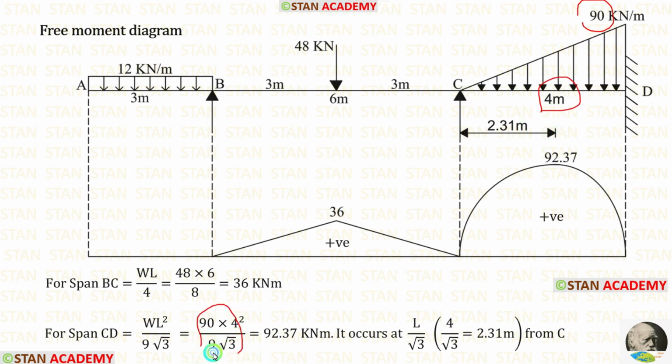When we apply the values inside the formula, we are getting 92.37 kilonewton meter. This maximum bending moment occurs at L upon root 3. Here L is 4. So it occurs at 2.31 meter from the point C. For the UVL, the bending moment diagram should be in the shape of parabola.